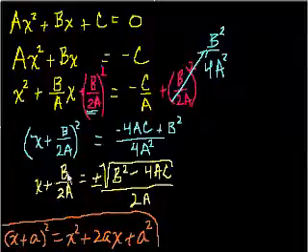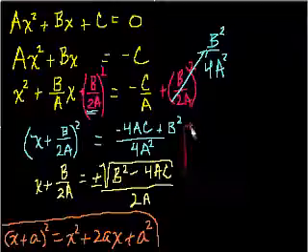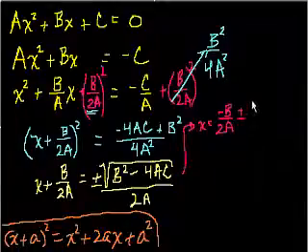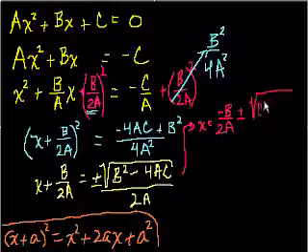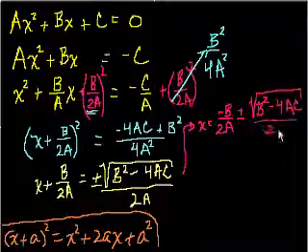And now we just have to subtract b over 2a from both sides. And we get, and this is the exciting part, x is equal to minus b over 2a plus or minus this thing, plus or minus the square root of b squared minus 4ac, all of that over 2a.